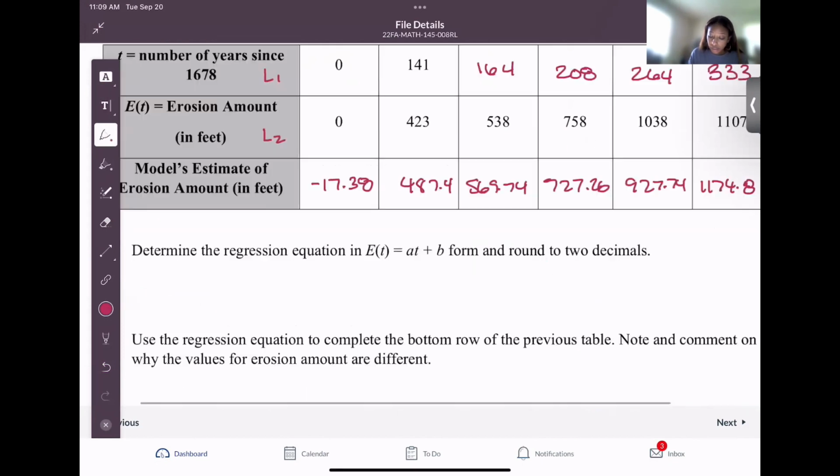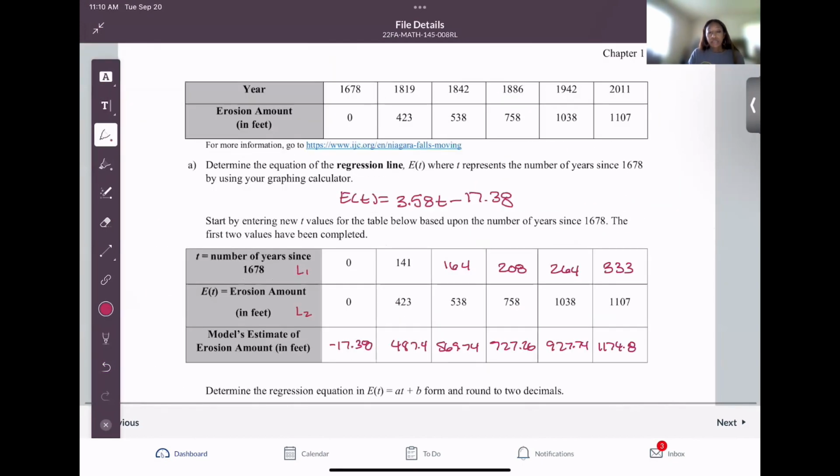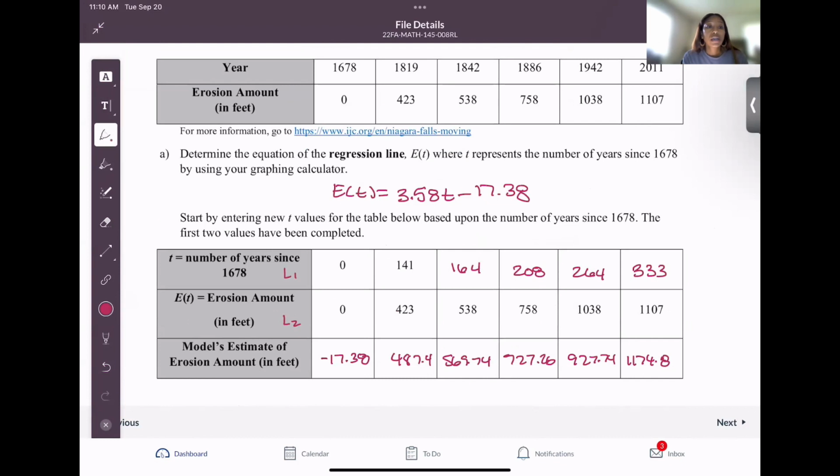If we go back to our original tables, the years that we were given originally were 1678 to 2011, and then the t-values were 0 to 333. So you're going to ask yourself, is the number I'm plugging in, 1878, between 1678 and 2011? Yeah, it is between there. So if it's in between there, that's interpolation.